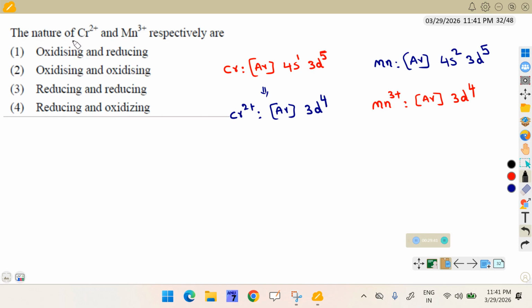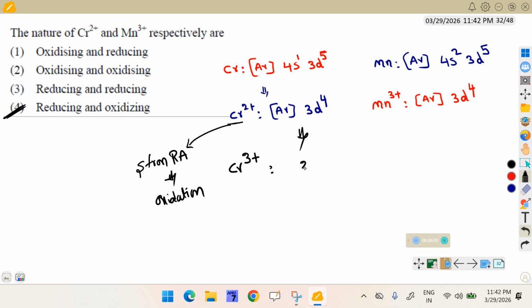The nature of Cr2 plus and Mn3 plus respectively are reducing and oxidizing. Because this is 3d4, Cr2 plus acts as a strong reducing agent. That means the oxidation process is favored, because suppose it loses one electron, then it is converted to Cr3 plus, 3d3 electronic configuration. 3d3 is nothing but t2g3, a stable electronic configuration.